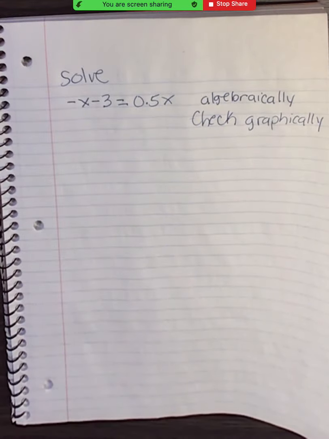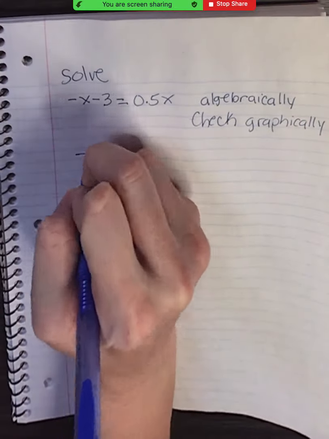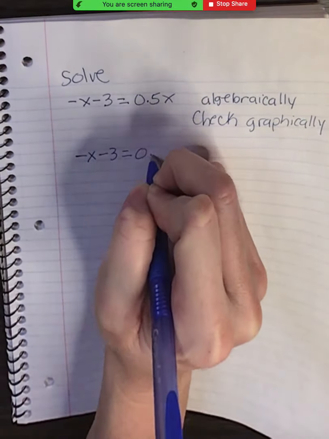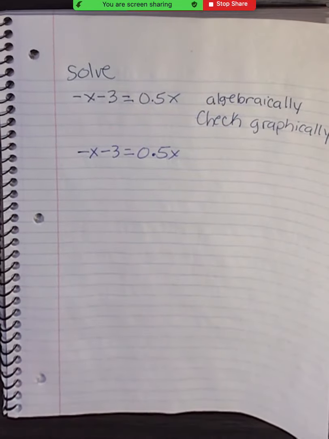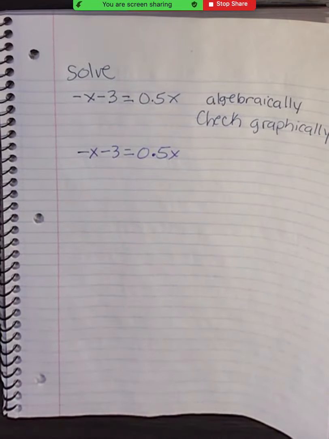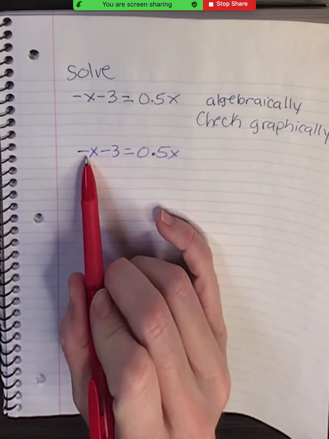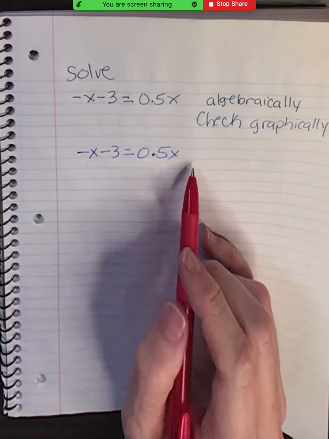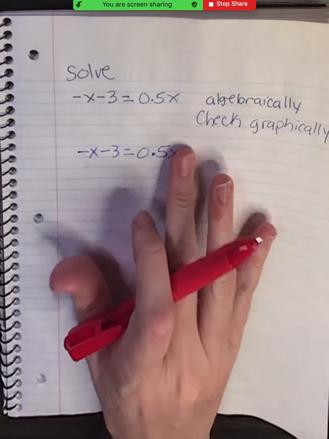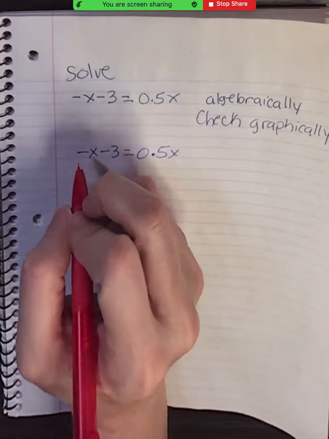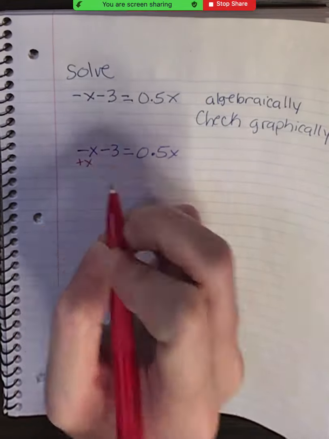All right, so to solve algebraically, that means we're taking our equation and we are isolating x. Okay, so with what we're given, we have x on both sides. So I want to put the x's together. So since the right-hand side of our equation has just a term with x, I'm going to move the x's to the right. So it's negative x, so I need to add x to both sides.